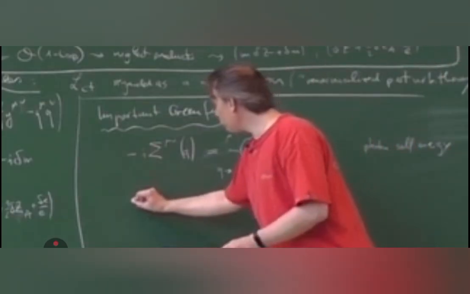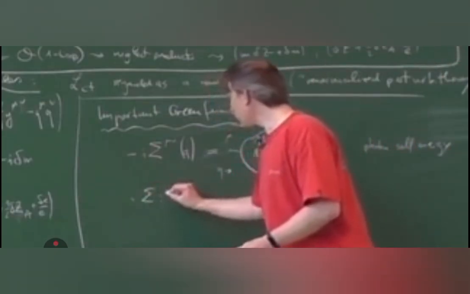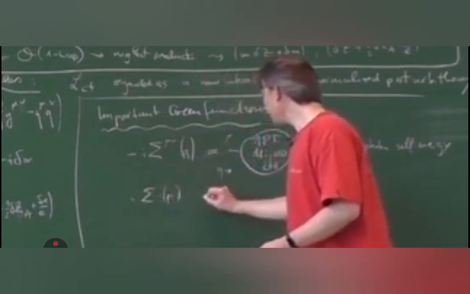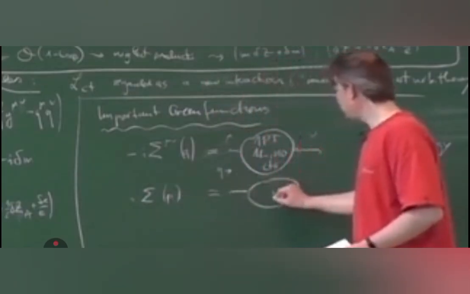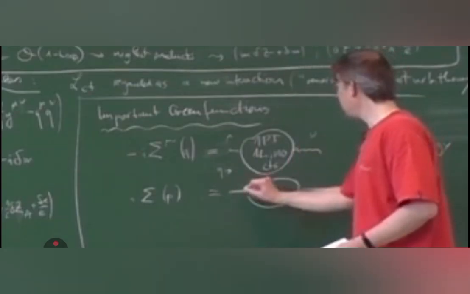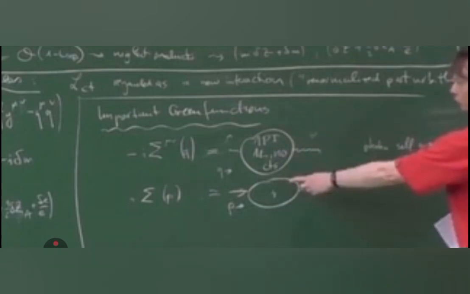And then next we have the electron self-energy, i sigma of P. Similar, where P flows in the direction of the arrow, and it is also one particle irreducible, one loop without counter terms.